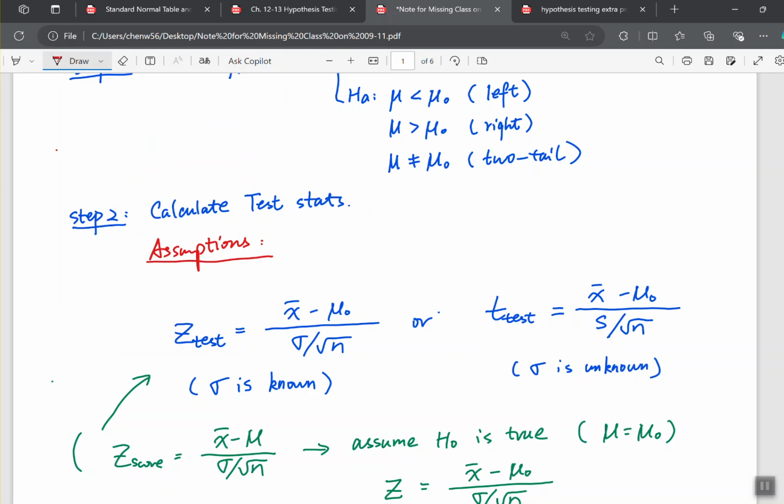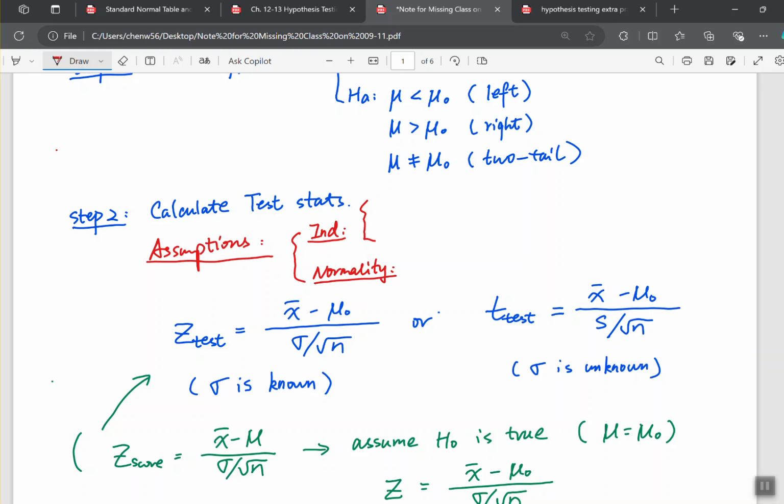So this step is very, very necessary and very, very important. We do need to check the two assumptions, the independence assumption and the normality assumption. For the independence assumption, we do need to check two things in detail. This is also my requirement in your assignment.